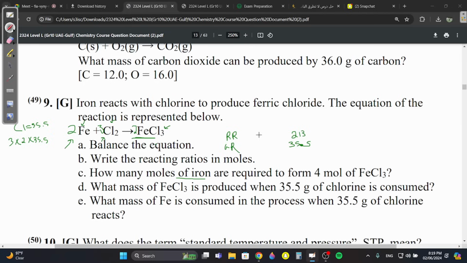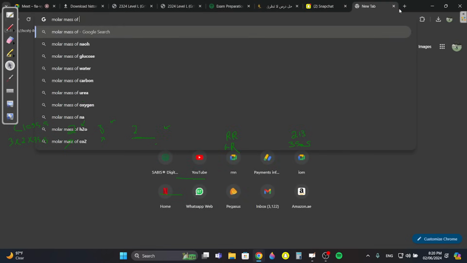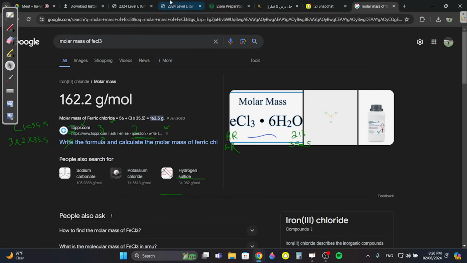What do we want? We want the mass of FeCl3. The molar mass of FeCl3, let me see, 160, just take 162, I guess. How did you get 3 times 55? 162.5.